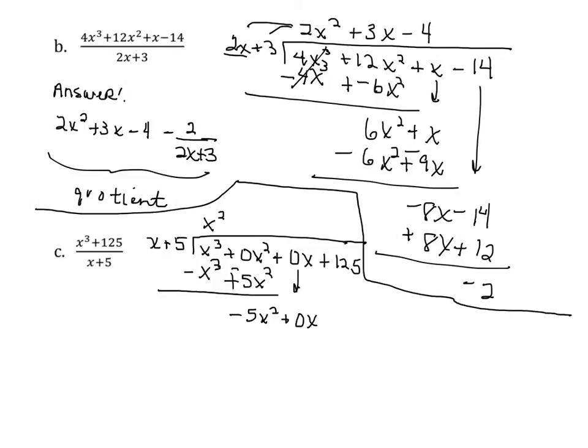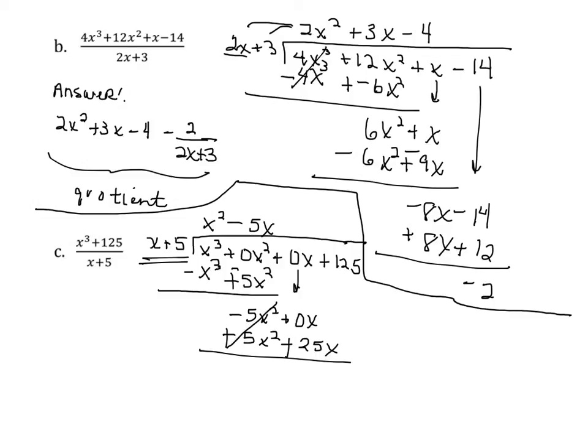x goes into negative 5x squared, negative 5x times. So it's negative 5x squared minus 25x. Where am I getting that negative 25x? Answer, I'm multiplying the 5x by both of these terms. Change your signs.